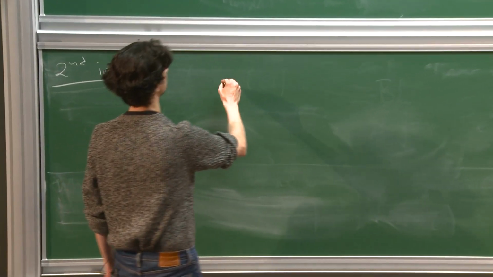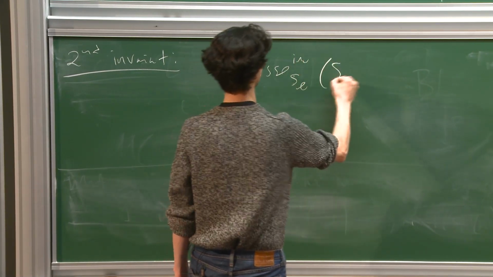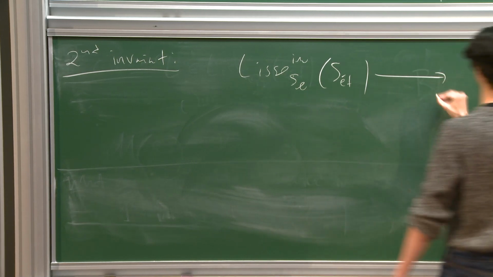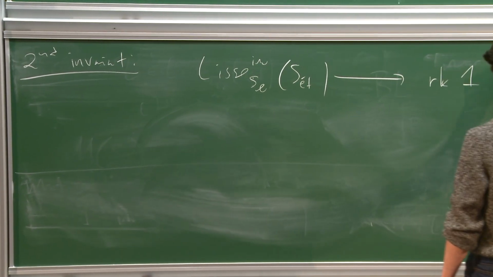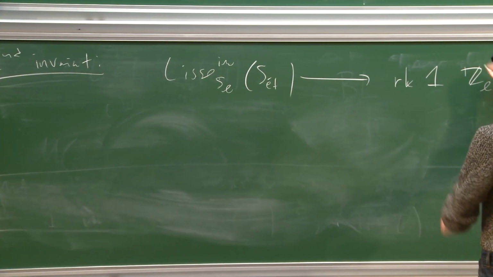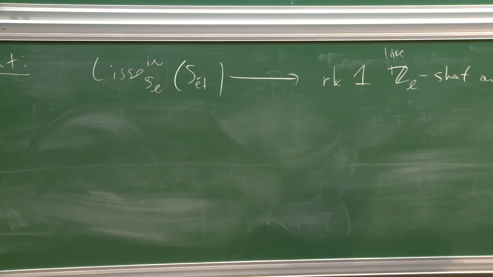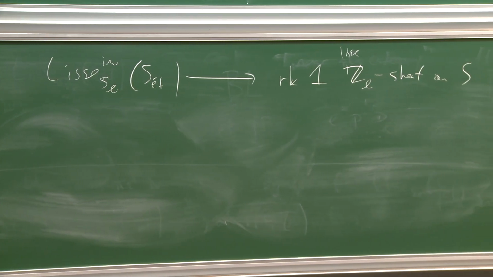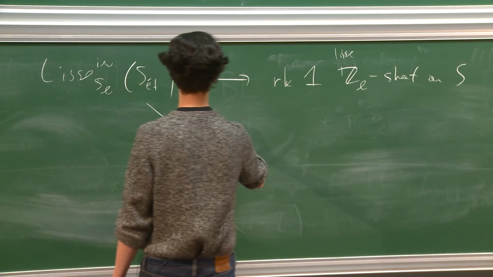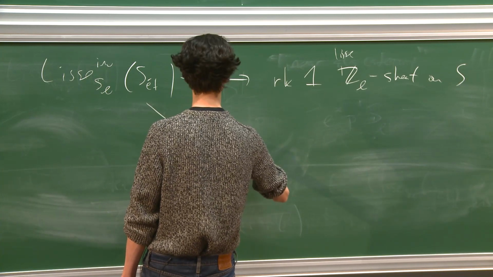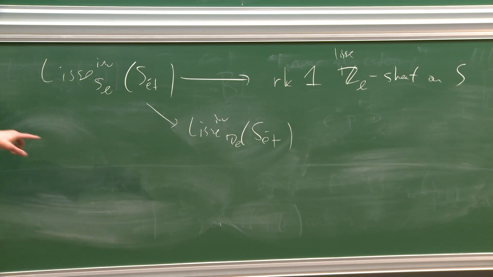If you have an invertible lisse Z_L sheaf on S, then you can get a rank 1 lisse Z_L sheaf on S. Because you can pass from this to invertible lisse Z_L sheaves on S étale just by base change, so by taking homology.